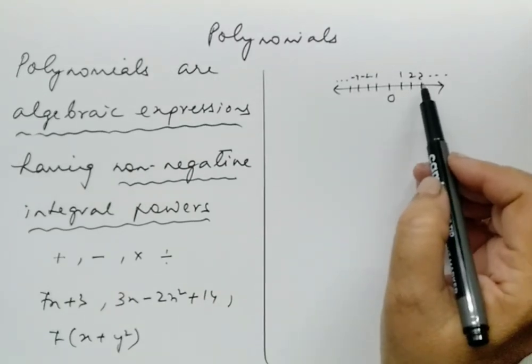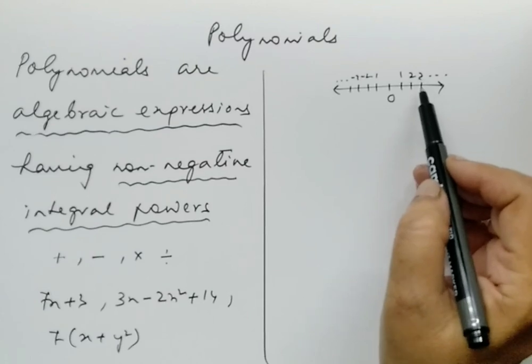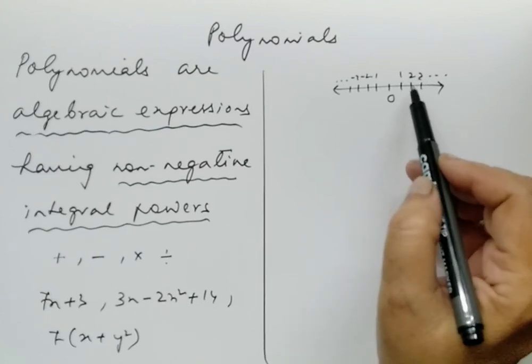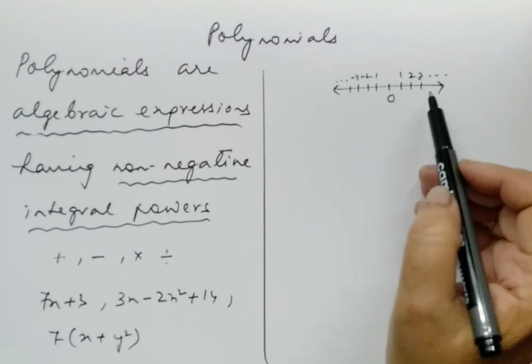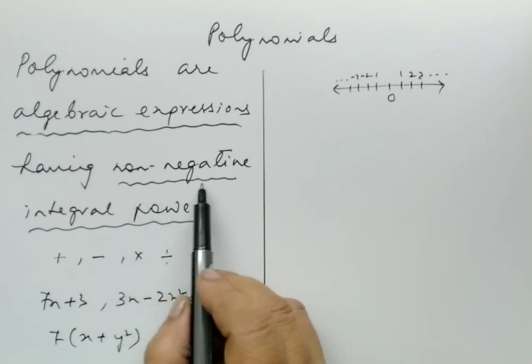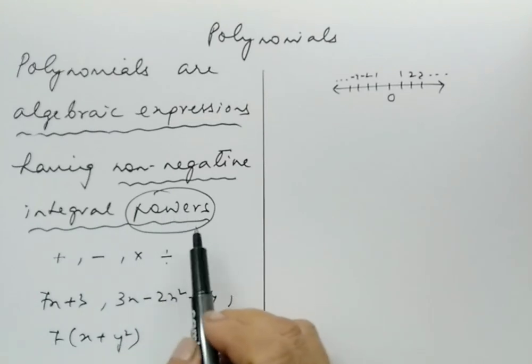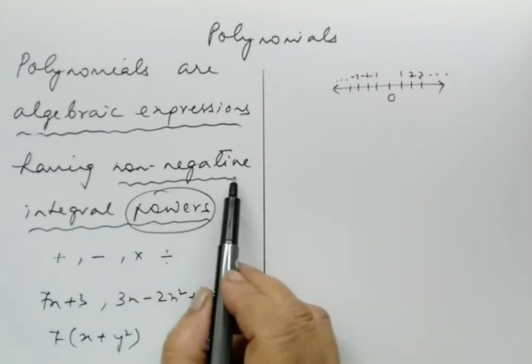Another feature of an integer is that you will never find it as a fraction other than, say, 3 by 1, 2 by 1, 1 by 1.